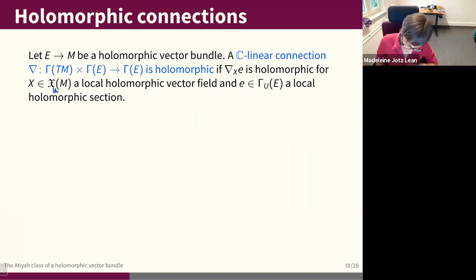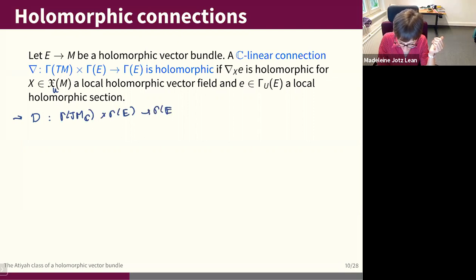But if you think a little bit about it, we can again extend this connection, or somehow I think it makes more sense to identify TM with T^{1,0}M and to extend it by the del bar operator on the second argument. So we get T_CM times E, and we have this connection.